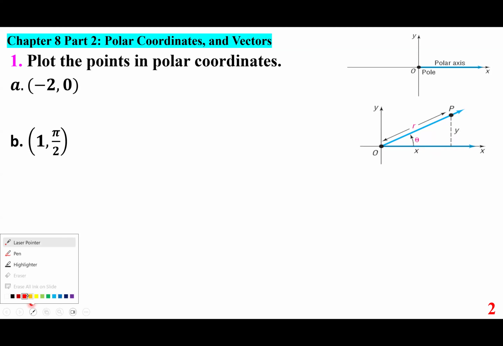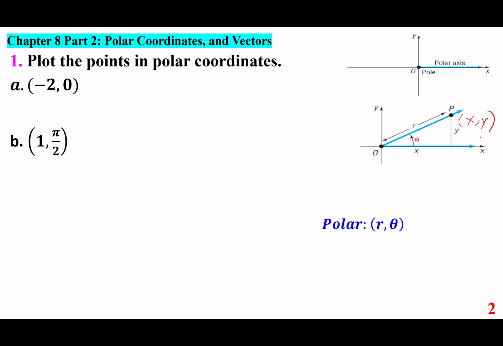So P has coordinates x comma y, or it has coordinates r comma theta. R is the distance from the pole, theta is the angle with the x-axis or the polar axis.